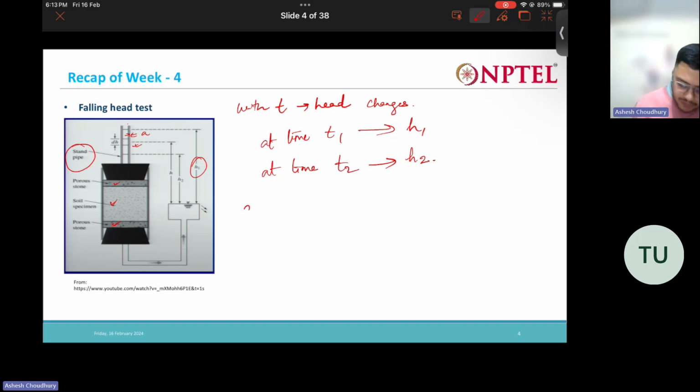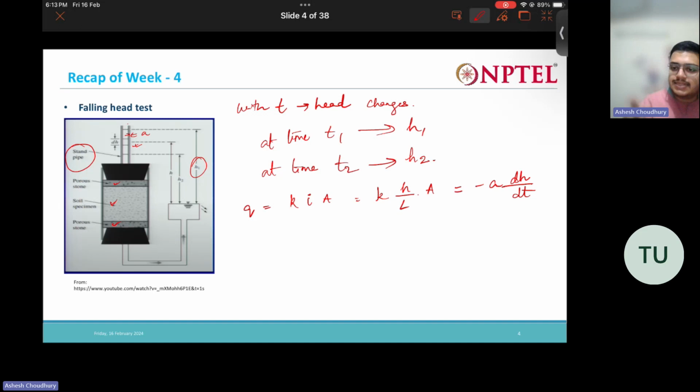Now you can write the flow rate as q = k i A, where i is nothing but h by L, into A. Now this we can equate to minus a dh by dt, that is, the area of the standpipe times the rate of change of head, dh by dt.